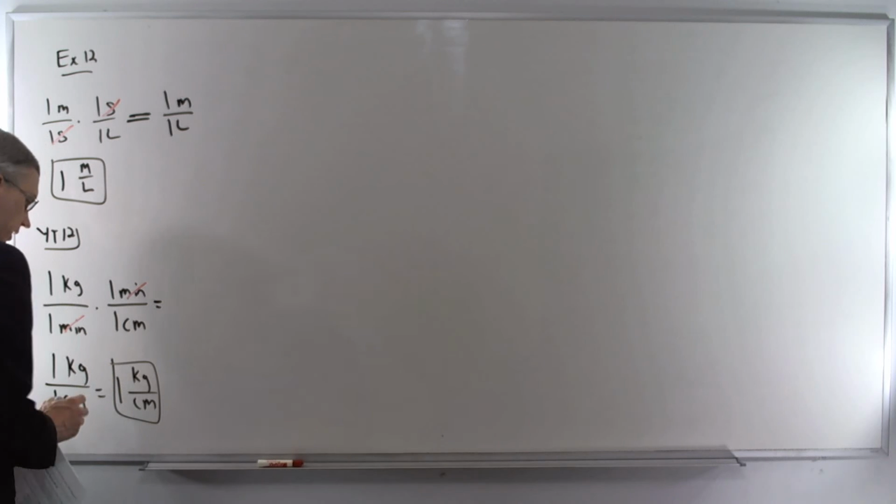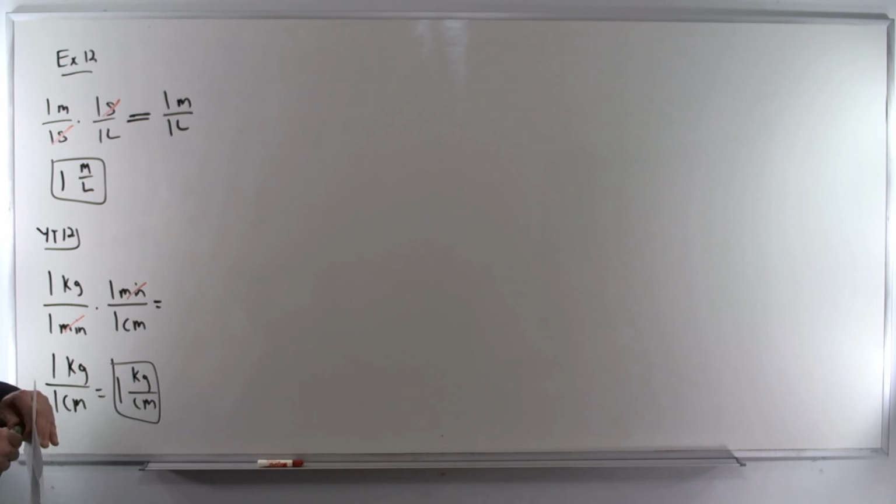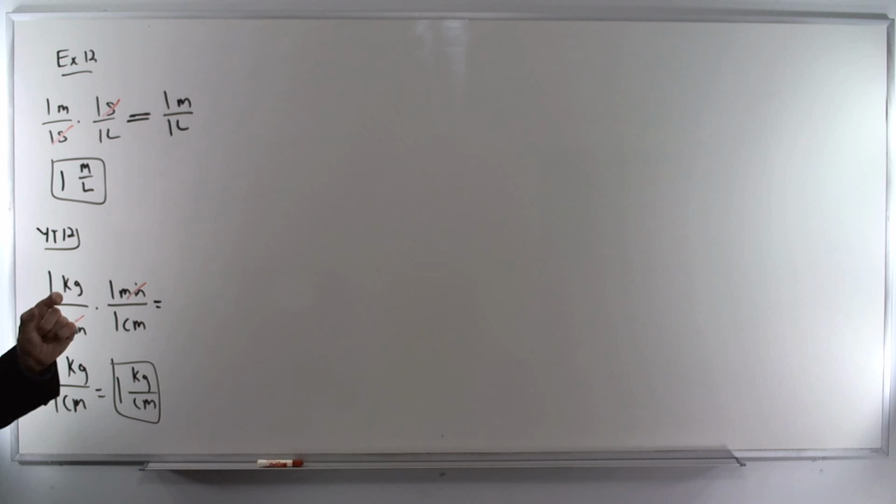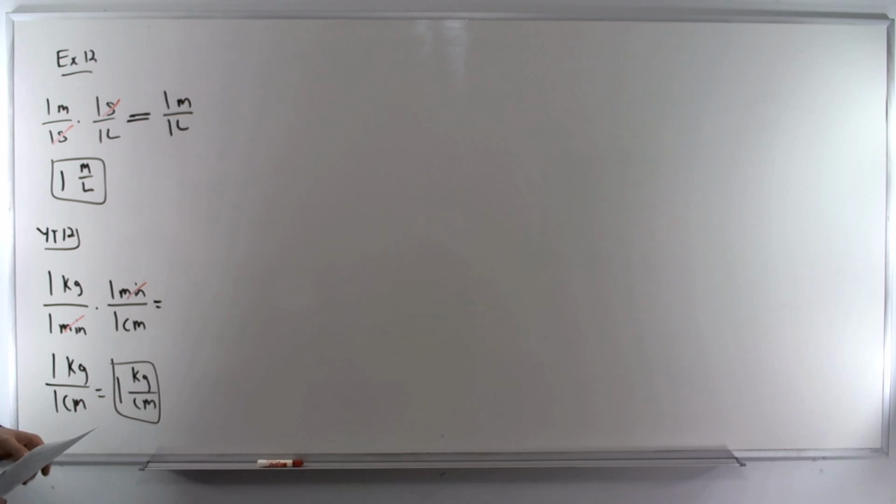So 1 kilogram per centimeter. Now that may seem like a very strange unit, but it may have meaning in the real world. It could be the weight of a steel bar. Every centimeter adds another kilogram to the weight.